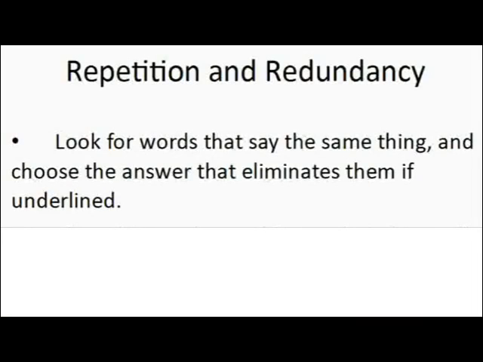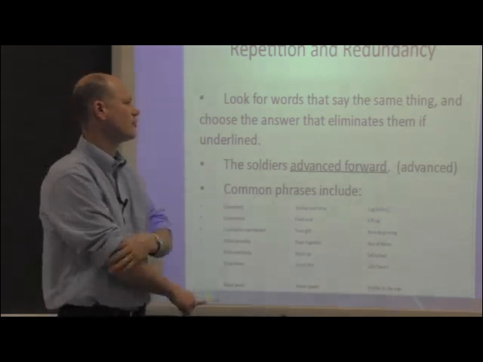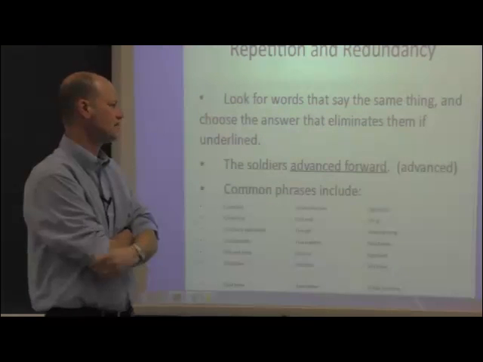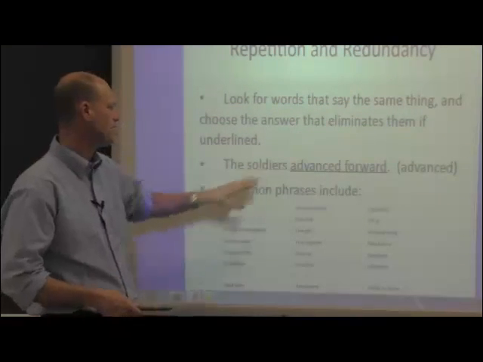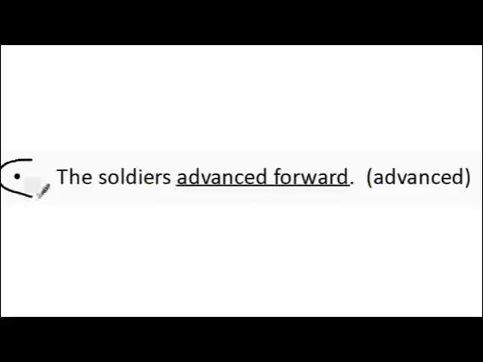All right. Similarly to wordiness, where something doesn't say anything, you may have repetition and redundancy. This is when words are saying the exact same thing twice. So we want to look for words that say the same thing and choose the answer that eliminates them if underlined. So if we're given the example, the soldiers advanced forward, we would want to get rid of the word forward.